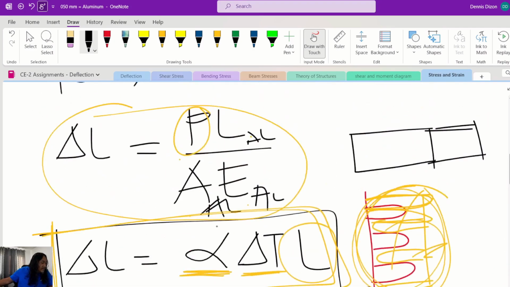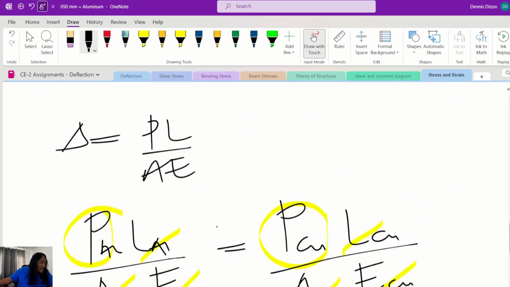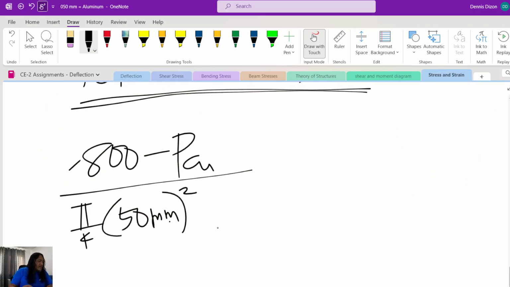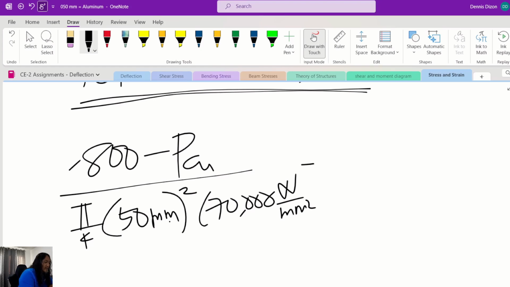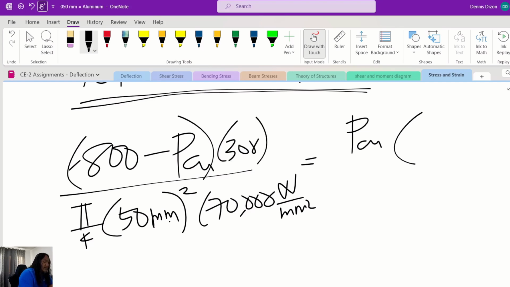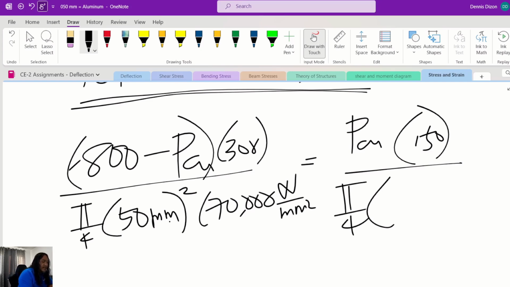Aluminum is 70 gigapascal, or 70,000 megapascal, which is Newton per millimeter squared. And then this is equal to, times L of aluminum, 300, and then P copper times 150, over pi over 4 times 30 squared, times 120,000.